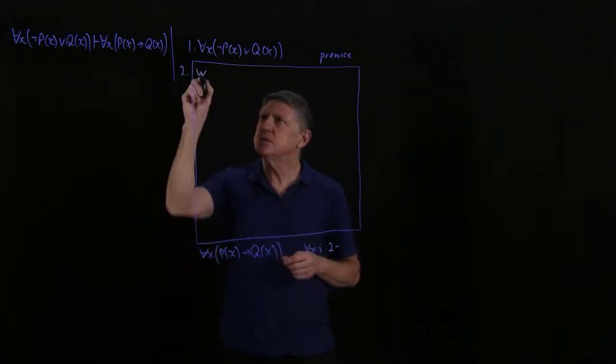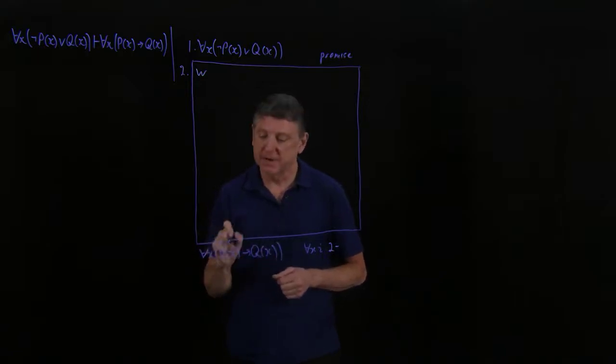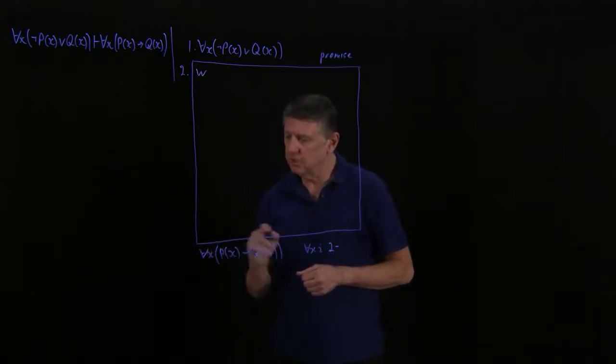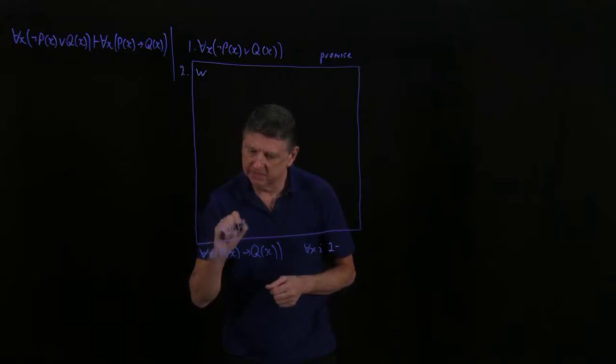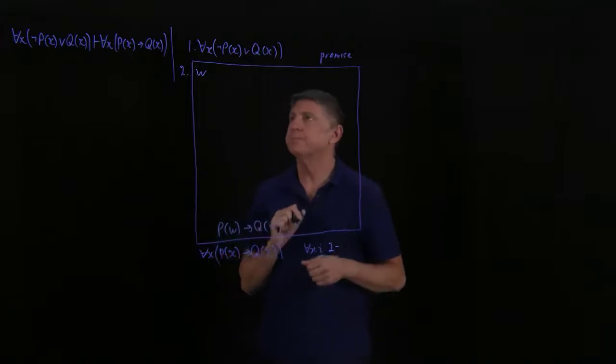And then I substitute W into this formula, provided that this formula is free for W. That is, by the substitution, W doesn't then become bound, and that's true in this case, so I will say that that is P of W material implies Q of W.